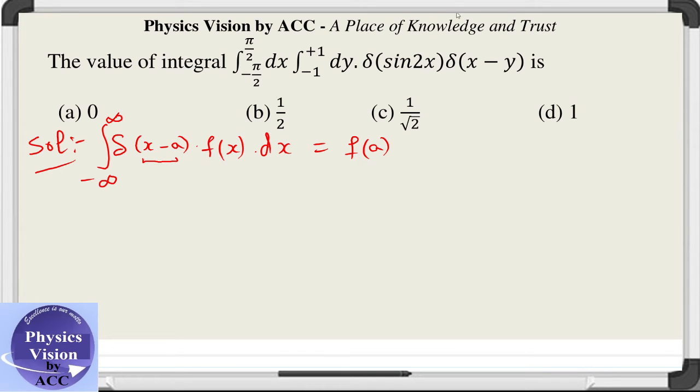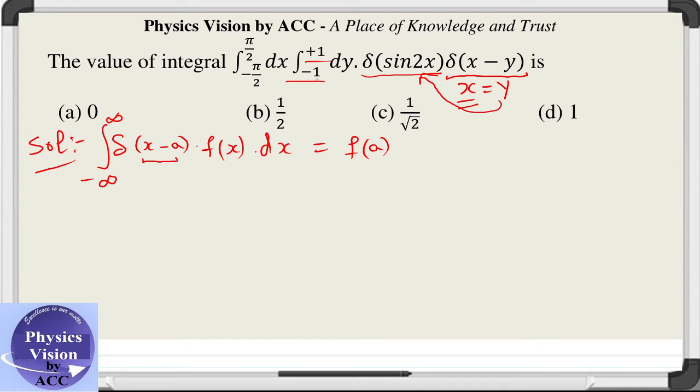Making use of this formula, we get delta x minus y means x is equal to y. So we will get only those values of x for which we have acceptable y in this region, that is given to be -1 to 1.